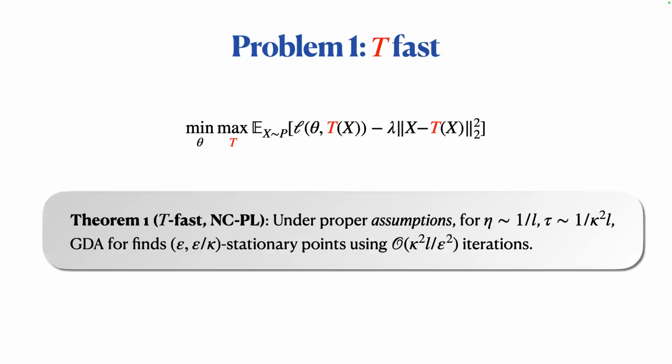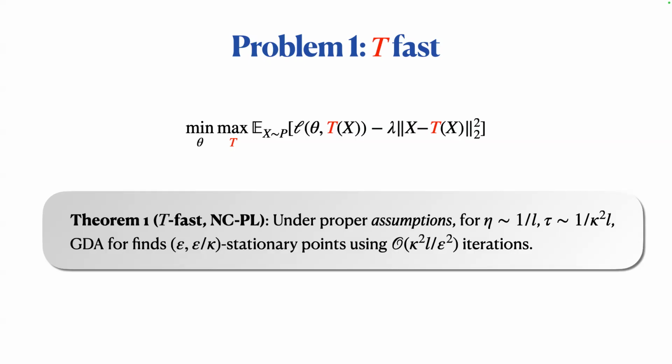That's the main challenge here. The first result we've shown is for solving this minimax problem, T first, meaning you have the inner maximization with respect to T. We can show that under the non-convex PL condition, where PL is with respect to T, we can prove linear convergence, which is the standard kind of result. But keep in mind, we're not assuming any strong convexity here.